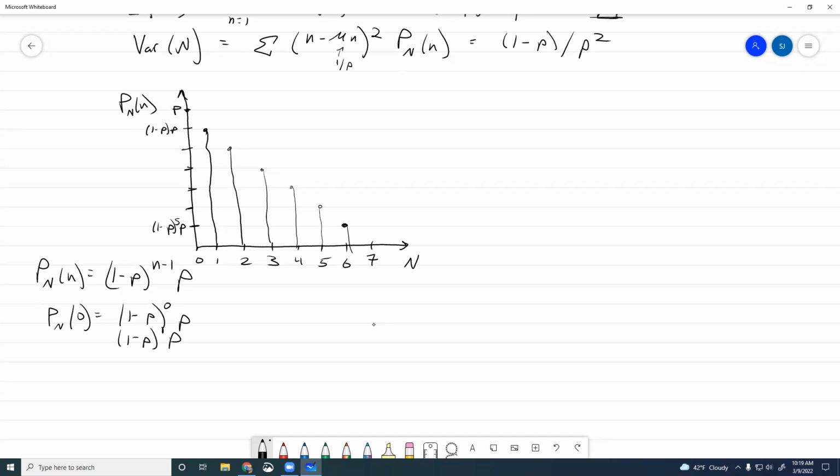Let's just do a quick example. Actually, let's think about examples. Take a minute, talk amongst yourselves about what other examples there are of variables that would follow a geometric distribution, where the first success occurs after so many trials.